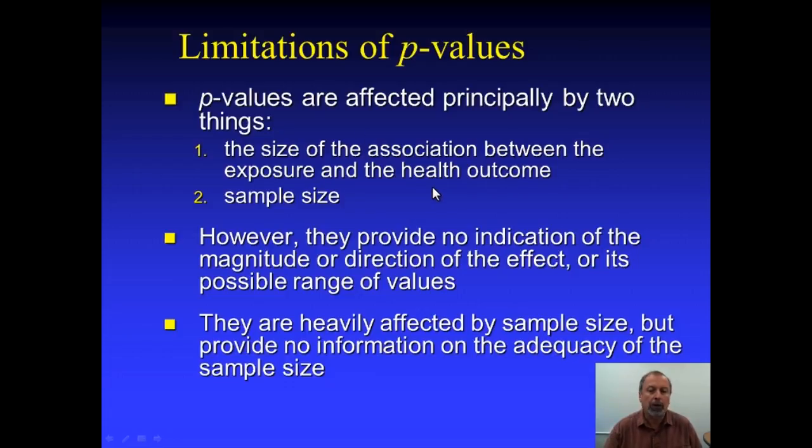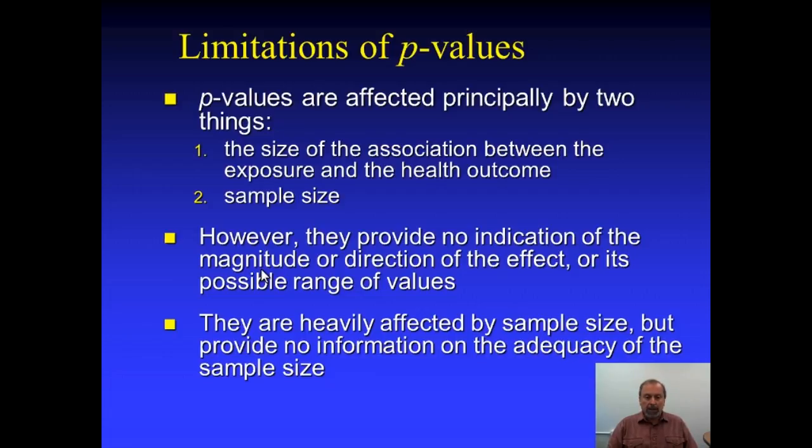But p-values alone don't provide any indication of the size or magnitude of the effect, or the possible range of values, because as we saw in a previous talk, if you were to repeat the study many times, which is a hypothetical thing really, because we don't actually do that, you would potentially get some variation in the result just because of the variation in the sampling.